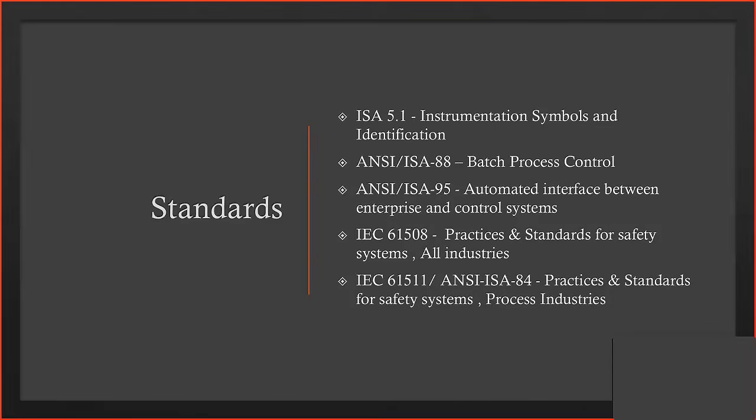I have to mention a few standards which everybody should know when they work in this field. ISA 5.1 is a standard made by ISA for instrumentation symbols and identification. Previously, we were talking about how important P&IDs are for automation engineers, industrial automation technicians, and everyone.